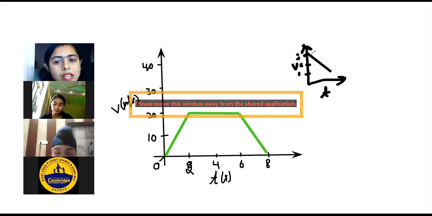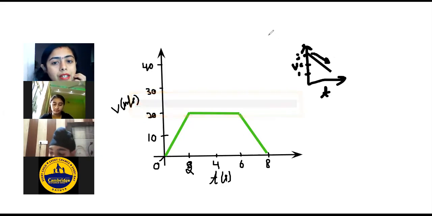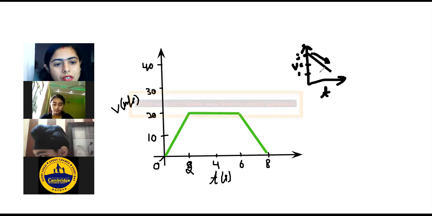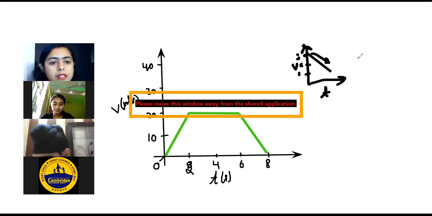So velocity is changing, but there is a decrease going on in the velocity. So there exists acceleration, but negative acceleration. A straight line means uniformly negative acceleration. If it were a curved line, then non-uniform acceleration. Fine. If it goes in the upward direction, velocity increases so positive acceleration, if it decreases then negative acceleration.